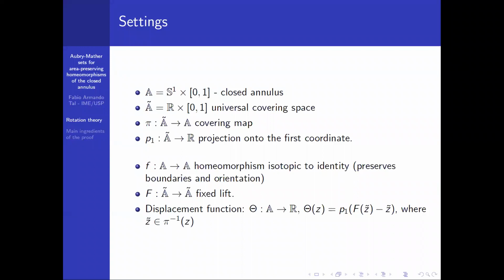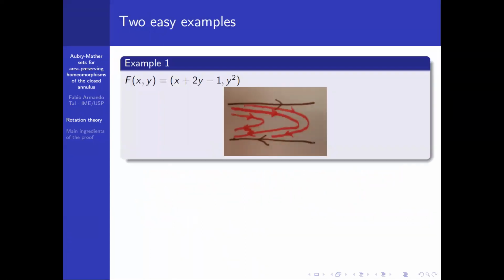This is a function which is actually defined on the annulus. I took a point on the lift, but it doesn't matter which lift of a point in the annulus you take, this displacement function is the same. So you're just saying, given this lift f, how much am I moving to the right when I apply my homeomorphism once? This is the basic object which we'll need to define rotation in different ways.